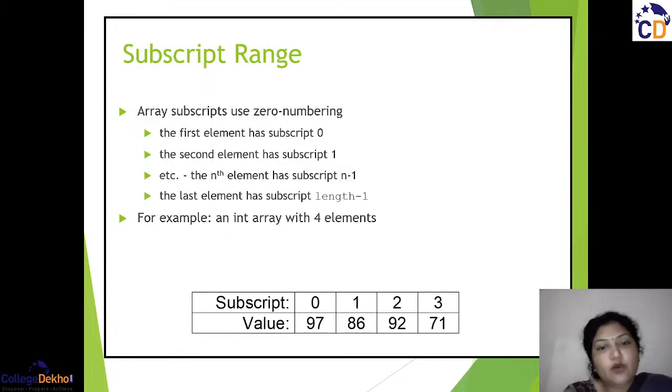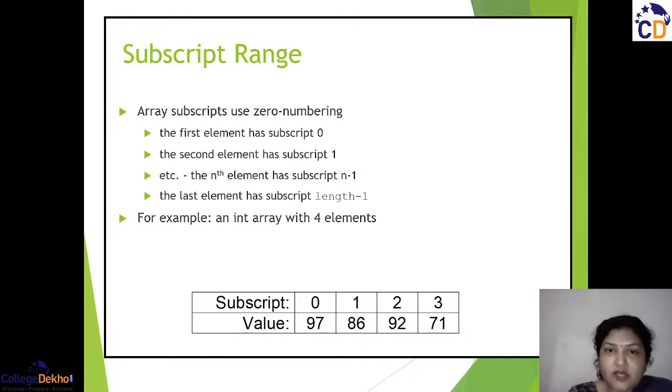Now let us see what subscript ranges we have and how to define them. Array subscripts use zero numbering. The first element is treated as subscript 0. The second element has 1 and so on. Right? The last element has the subscript length minus 1.